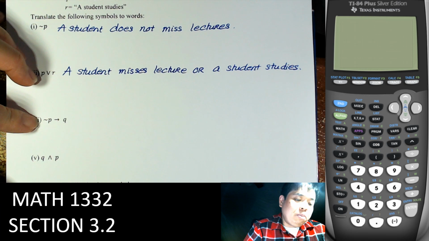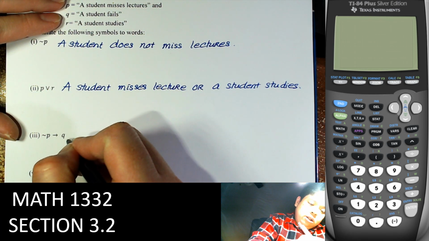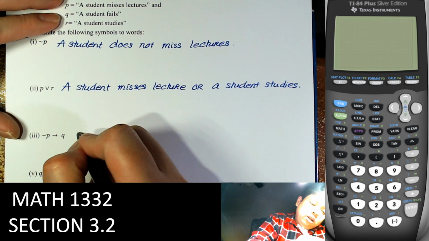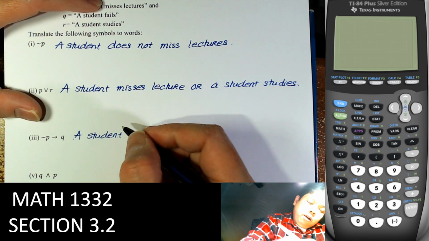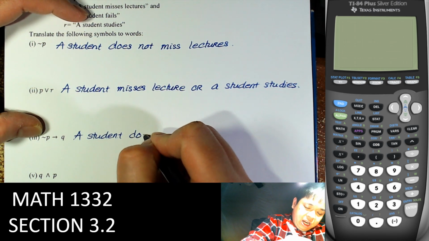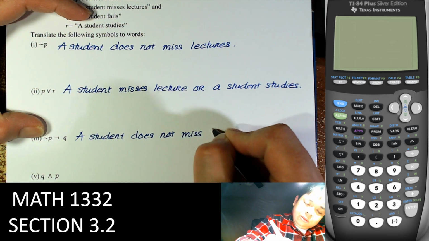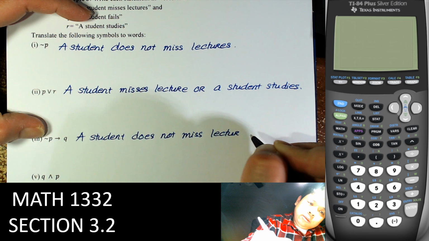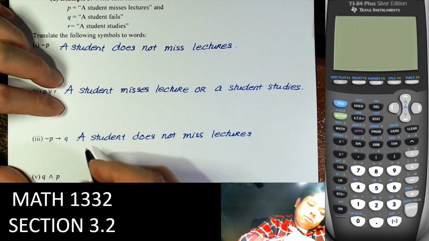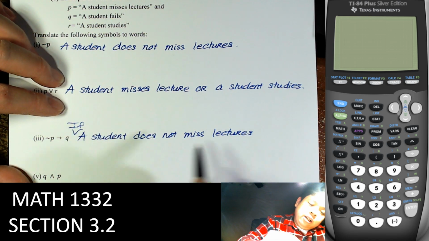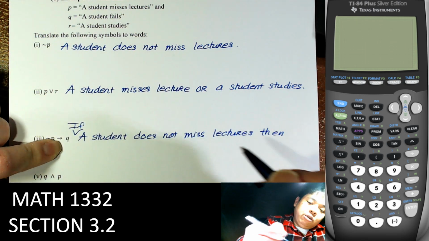Next, not P implies Q. The student does not miss lectures, because there's a negation, and if we just put "if," then Q, a student fails.